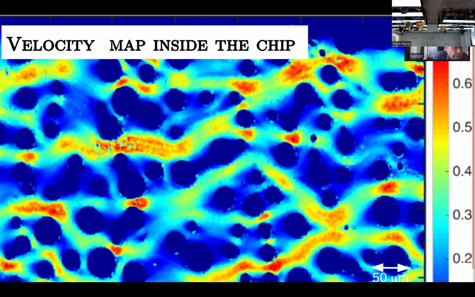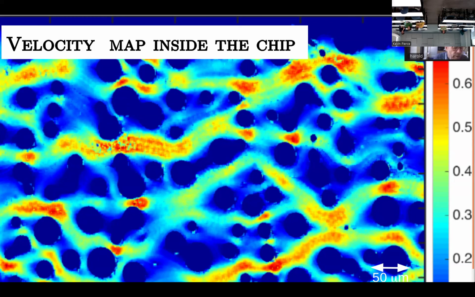On the next slide, you can see the typical flow field we were able to reproduce. The dark blue is where you have grains. The light blue is where the flow velocity is very low, so it's like pores.